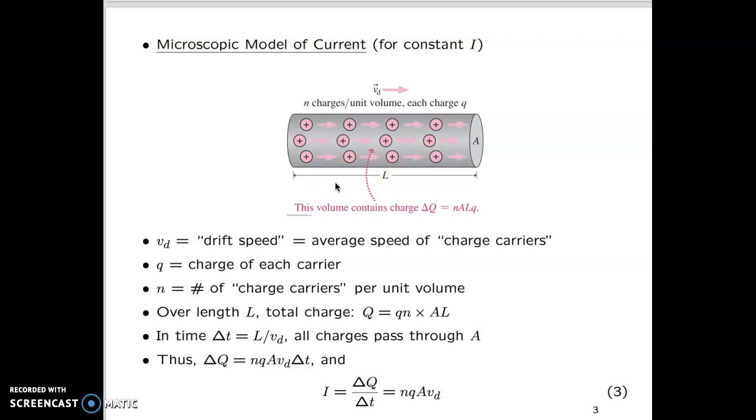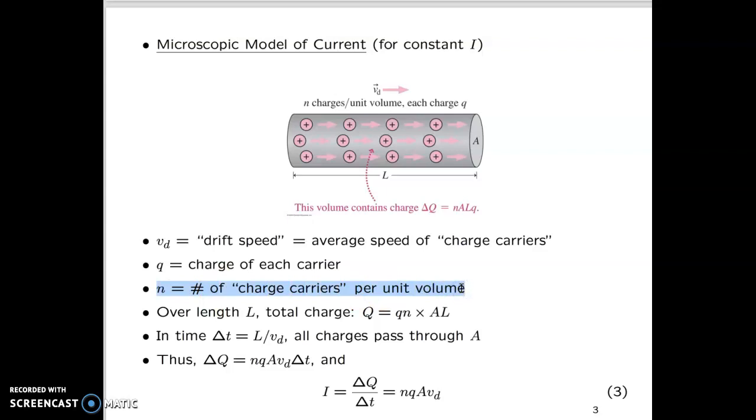And let's say that these charges, for some reason, are moving to the right, as indicated in the picture. They move to the right with a drift speed that we'll call v sub d, and it's the average speed of these so-called charge carriers. As I said, each one of these charges has the same charge q, and little n is the number of these per unit volume.